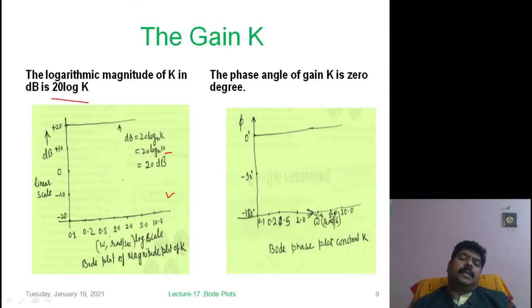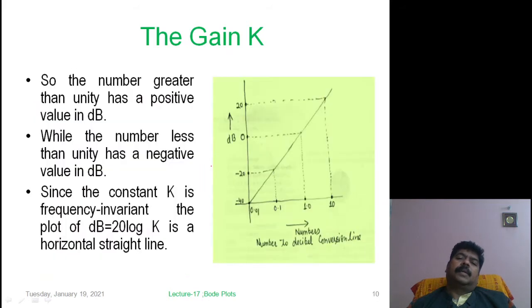Since it is independent of the frequency, this will be a line parallel to the frequency axis at a magnitude of 20 dB, while the phase angle is also independent, so this constant gain K will be contributing 0 degree. So there is no contribution of angle by the constant gain K.